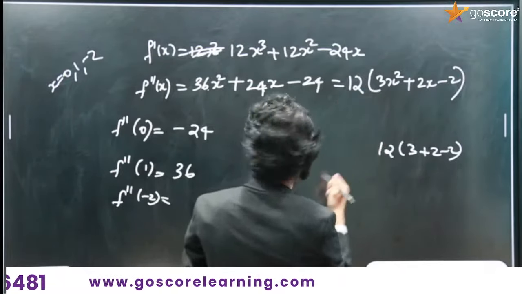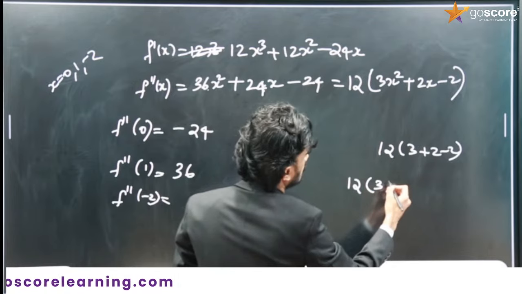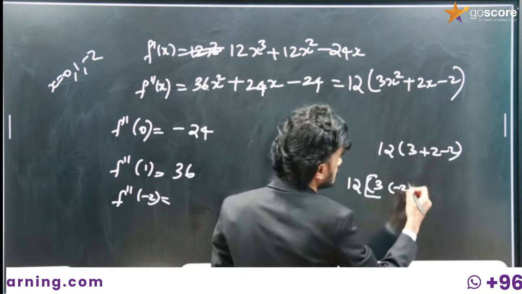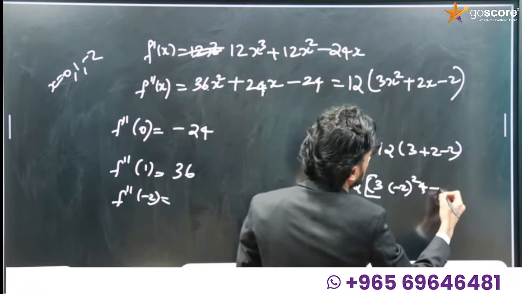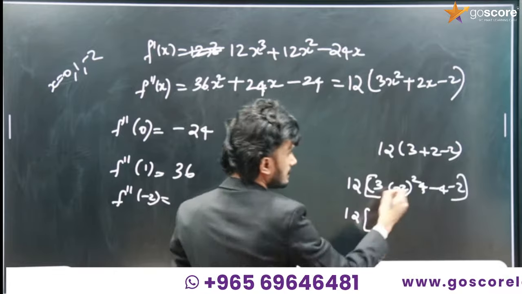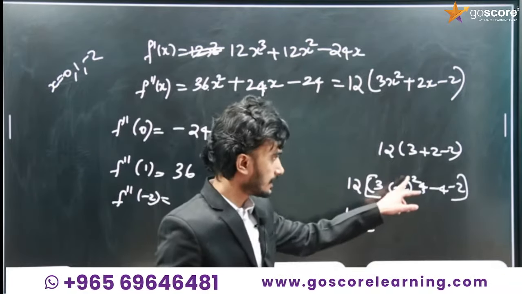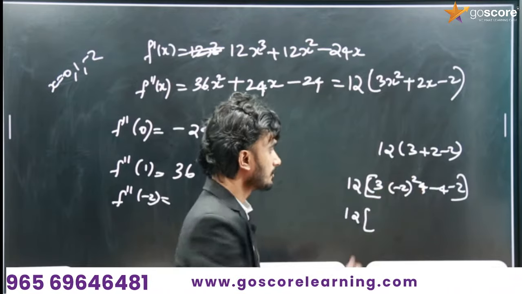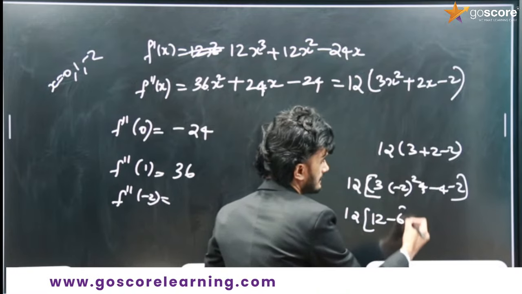Then the last one, minus 2. 12 into 3 into (minus 2) whole square plus 2 into minus 2, it is minus 4, minus 2. So 12 into 3 into 4, 4 into 3 it is 12, 12 minus 6.